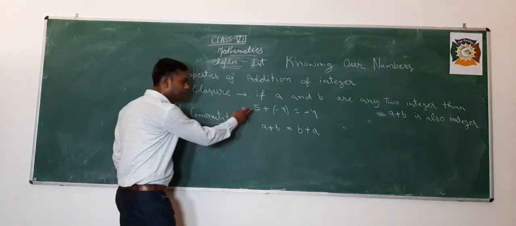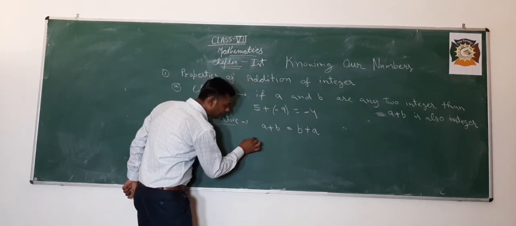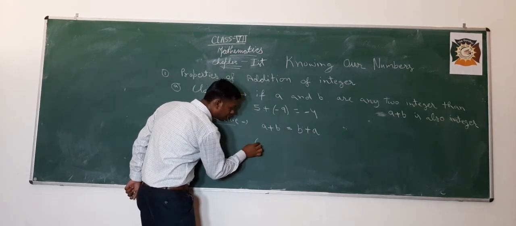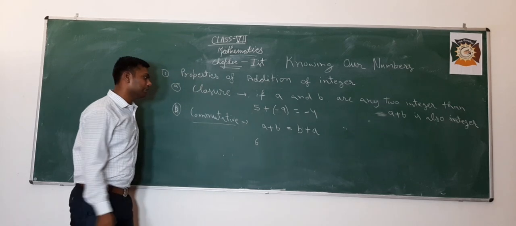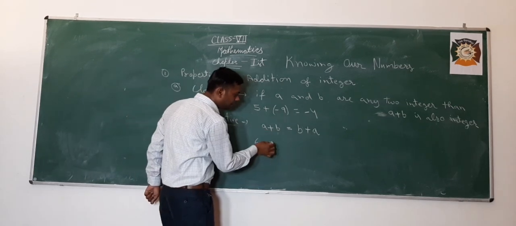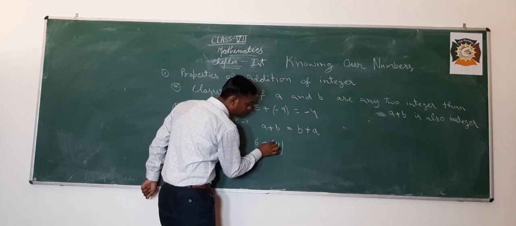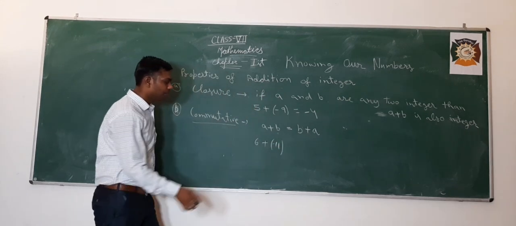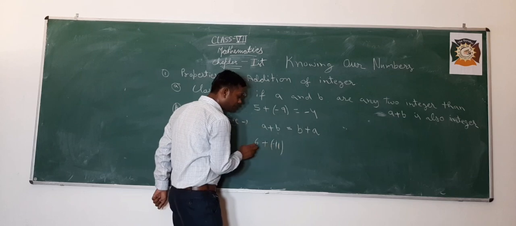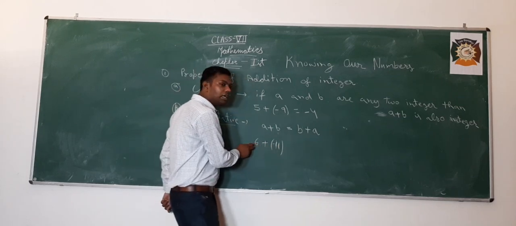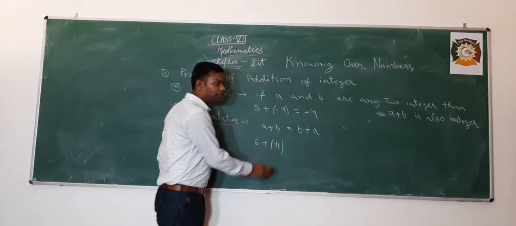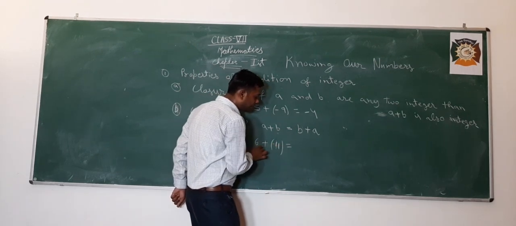Let's consider an example. Take an integer, it may be 6. Take another integer, it may be minus 11. 6 is an integer, minus 11 is an integer, then we add, what we get?